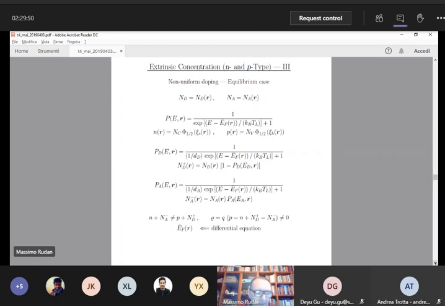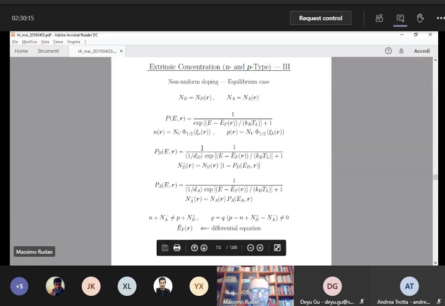On the other hand, we also expect that the Fermi statistics must depend on position. So the issue is what kind of changes should be introduced into the Fermi statistics when we have a non-uniform condition. The change is very easy.